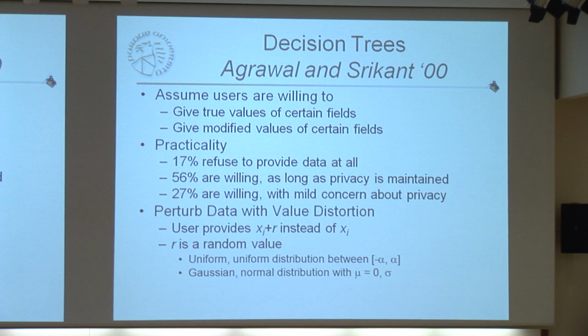So the first one by Rakesh Agrawal and Ramakrishnan Srikant, basically they made the assumption that users are willing to give true values for some data, but for others, well, they don't really want you to know the true value. They'll give you a modified value. So if they're allowed to add random noise to their value, they will give you that information.